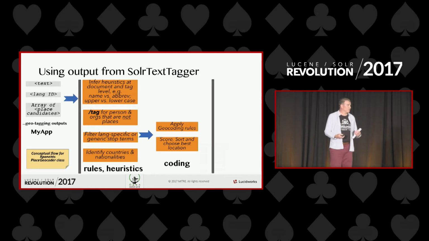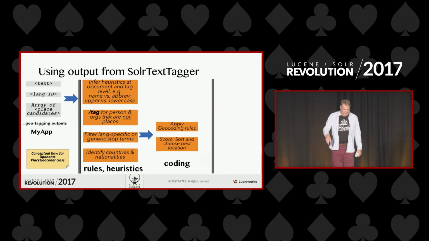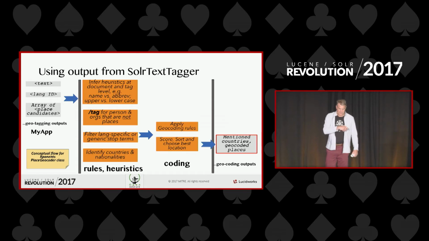So for example, if we see Las Vegas, comma, Nevada in our input text, well, I can make use of the geographic hierarchy there that says Las Vegas. Well, the one we want is the one that's in Nevada, as opposed to one of the other 200 Las Vegases around the world. That's all about disambiguation. So we score the candidates, bring them back. Now we have the primary output of all this, the tagging, the geocoding.